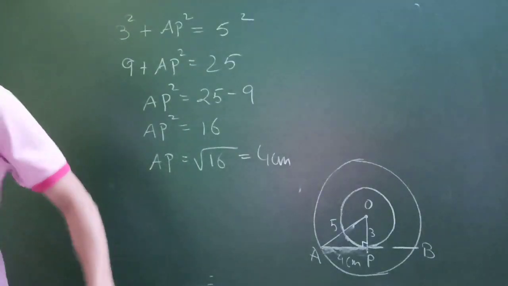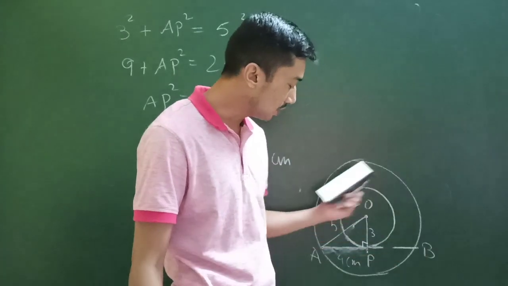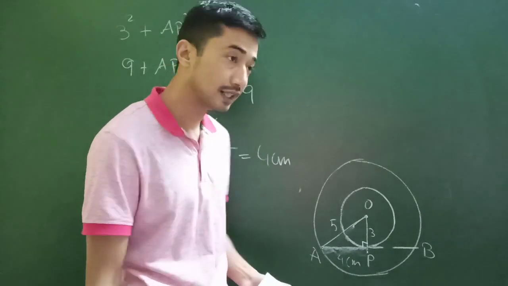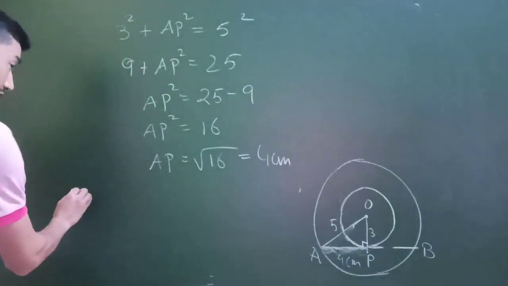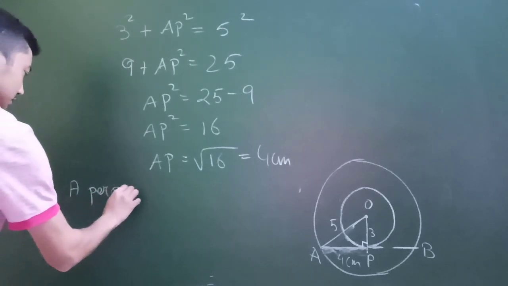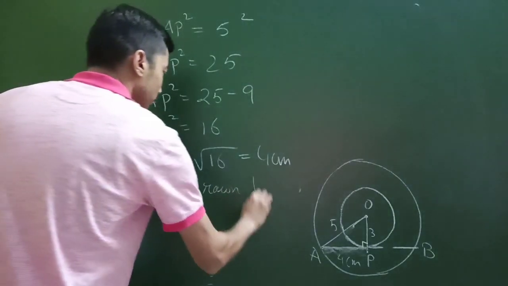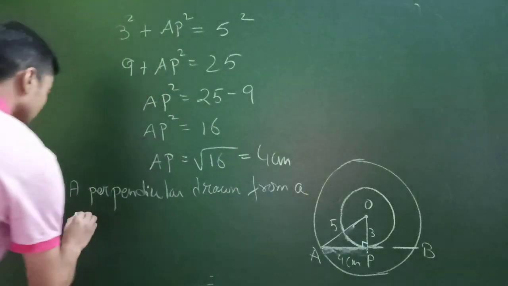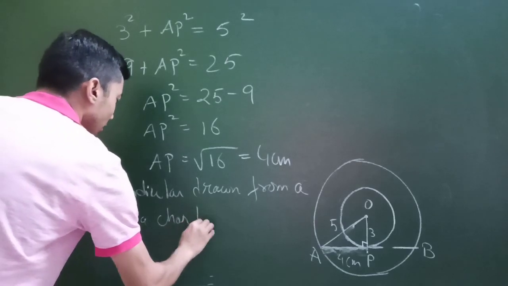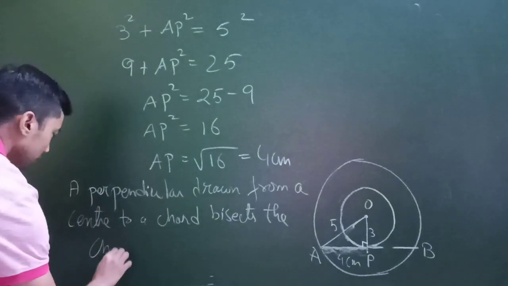So now what happens here is, see, the chord of the bigger circle AB actually is touching the smaller circle at the point P. That means like AB is also like a tangent, isn't it? Right. And another theorem that we have studied, that is in class 9, that is a perpendicular drawn from a center to a chord bisects the chord.